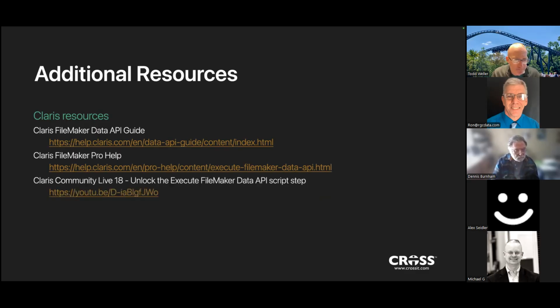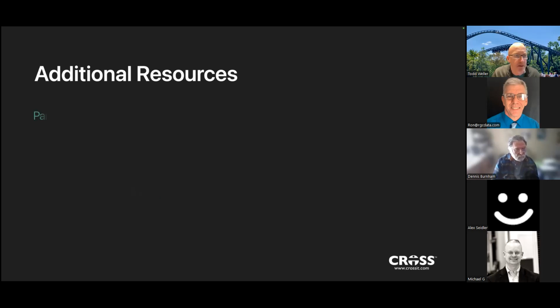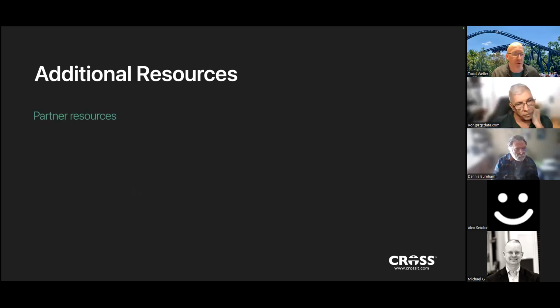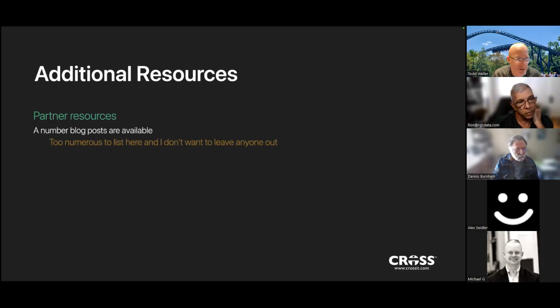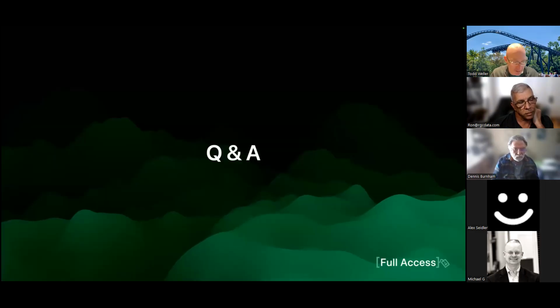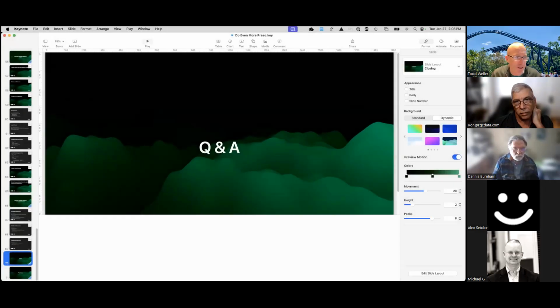There's the session I did on Community Live way back. And then there are a number of partner resources, which I'm not going to try to list here because I don't want to leave anybody out. And if you're interested, you can find that name ID function at Brian Dunning's website. And that brings us to the Q&A.